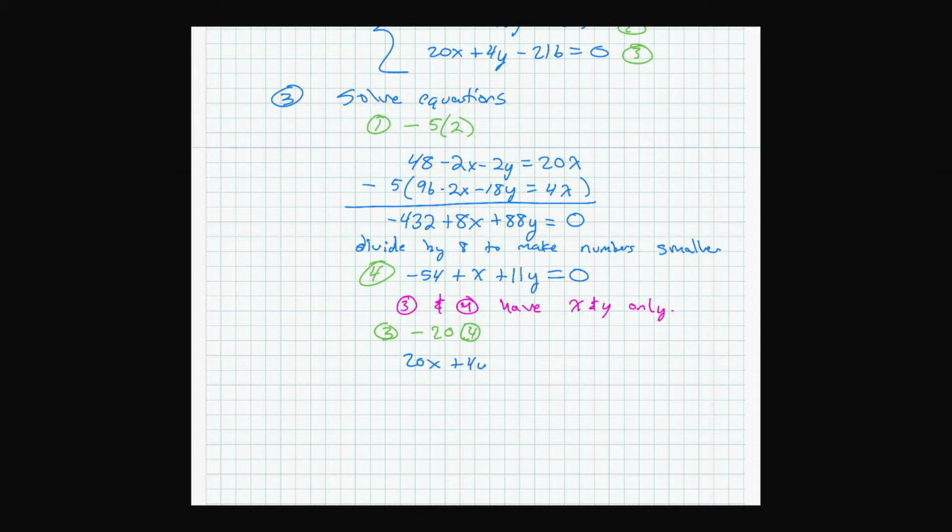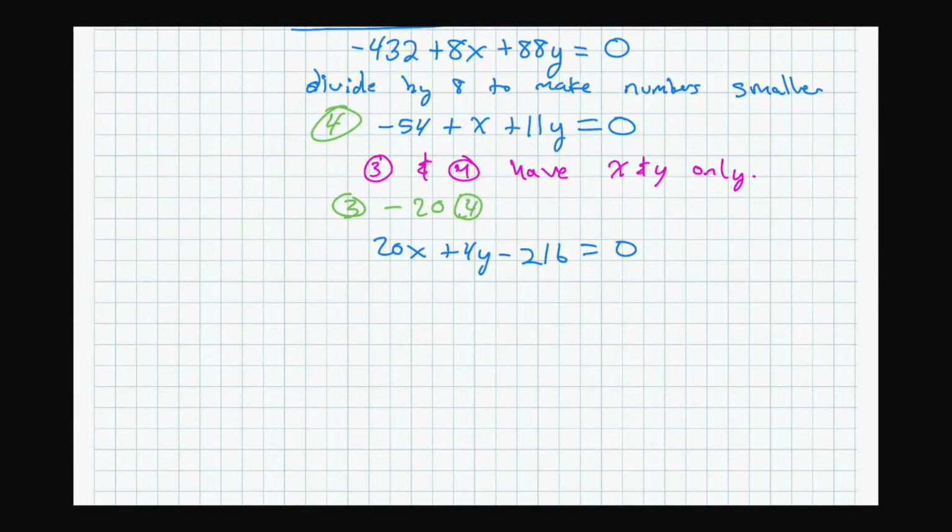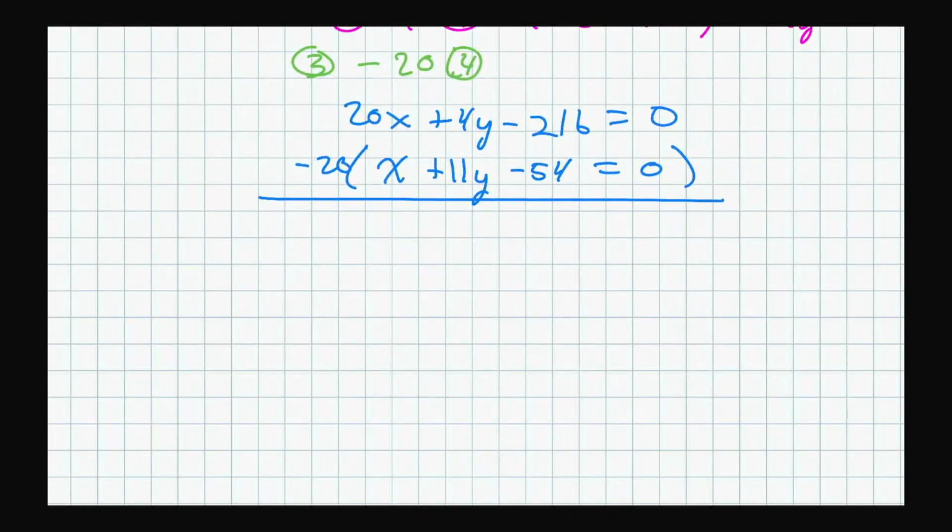So equation 3 is 20x plus 4y minus 216 equals 0. And we want 20 times equation 4, which is the one we just came up with. I'm going to multiply everything by 20 right now, just to save myself some work. Let's at least put them in order, so the x comes first, then the y second, and then the minus 54 third. So we're going to eliminate the x variable.